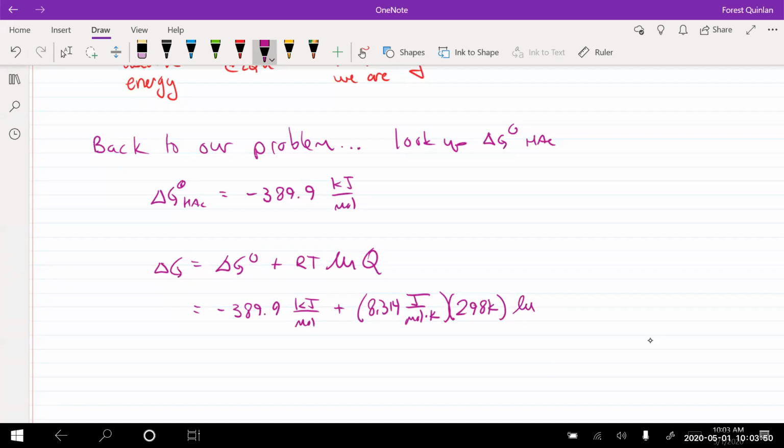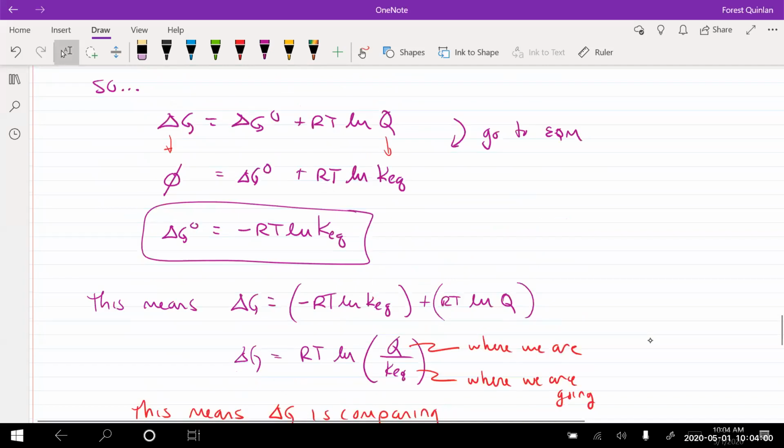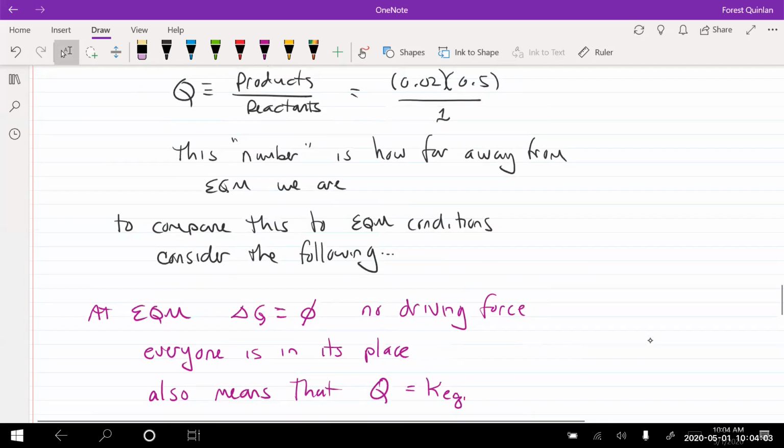And now we have a natural log of, I think that's 0.01.